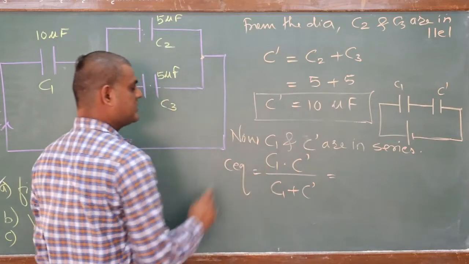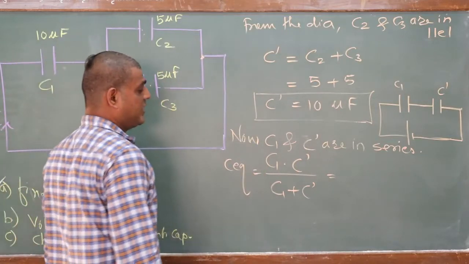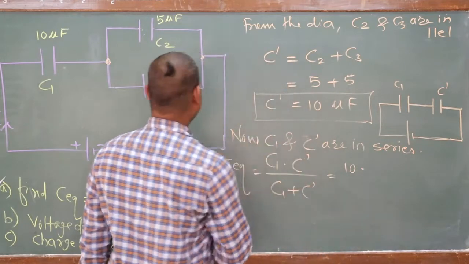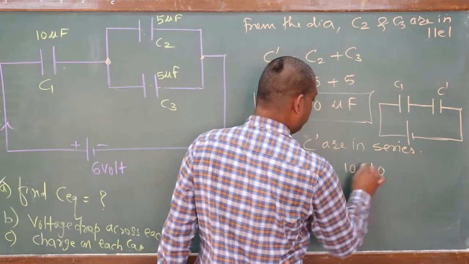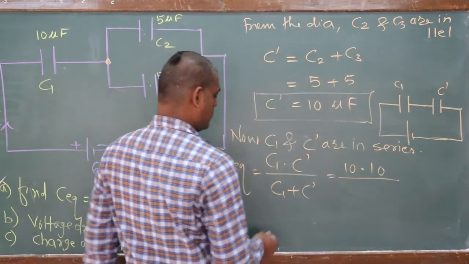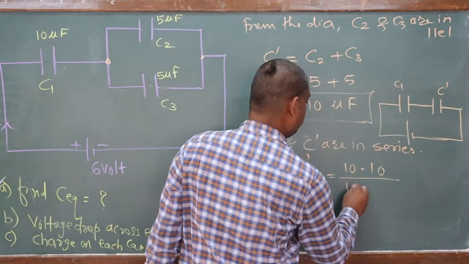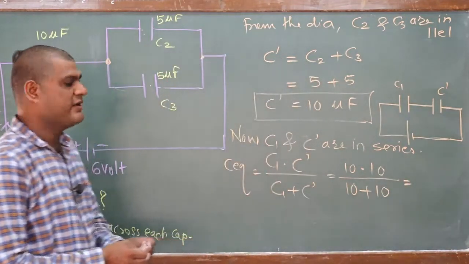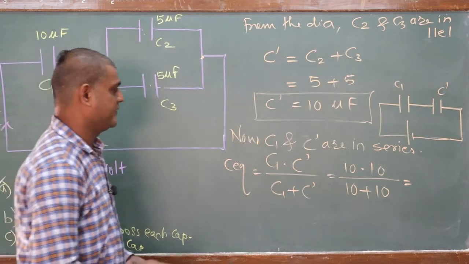What is C1? It is given, that is 10 microfarad, into C dash, that is again 10 microfarad, divided by 10 plus 10.